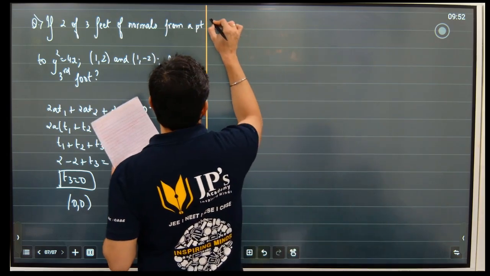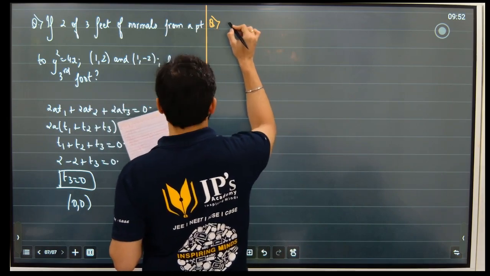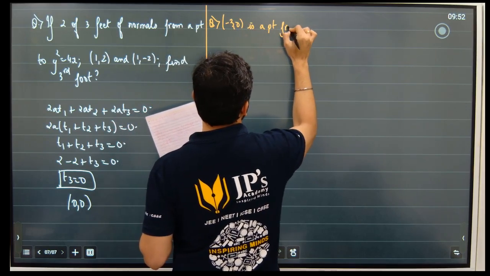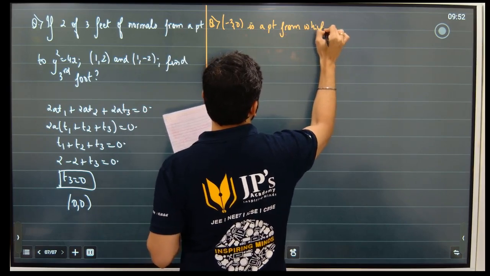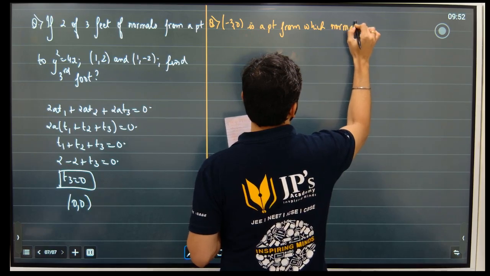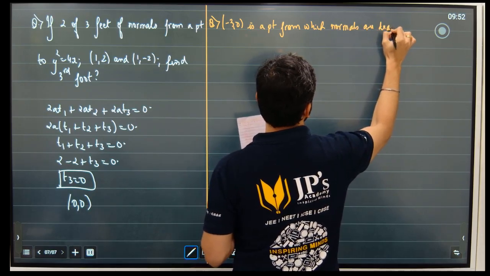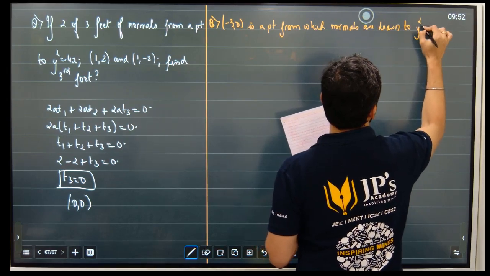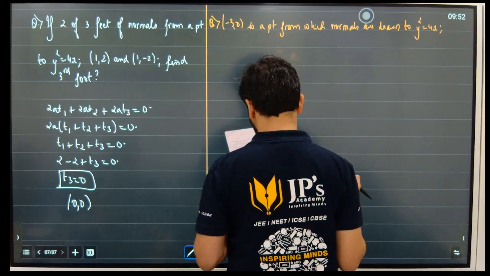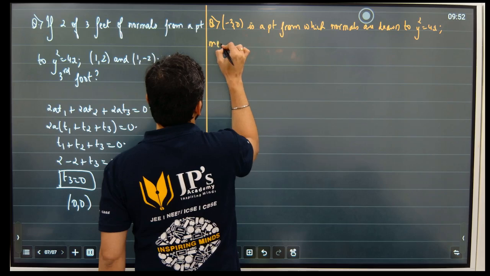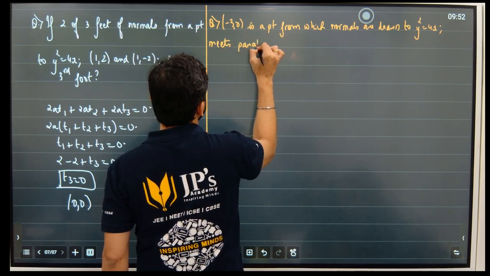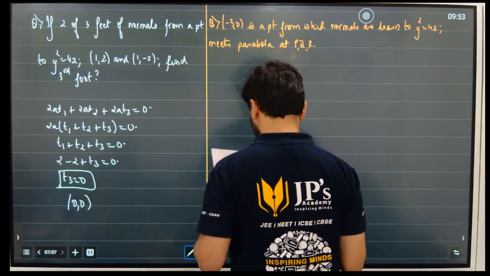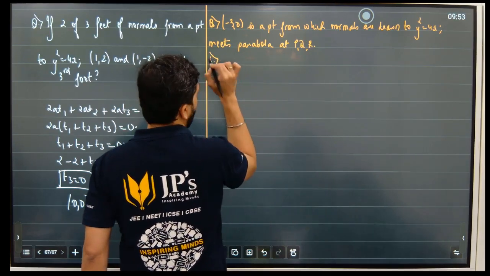Now, minus 3 comma 0 is a point from which normals are drawn to y square is equal to 4x, meets the parabola at P, Q, R. First part I will solve, the third is homework.